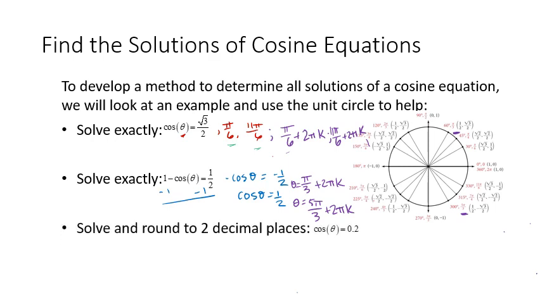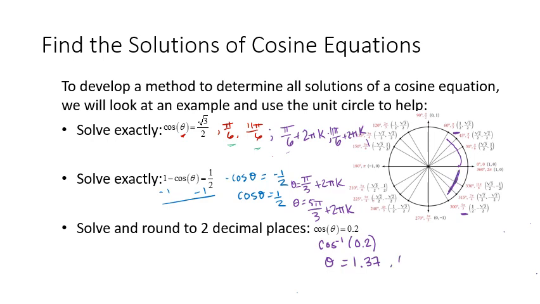If you were solving something where you actually had to use the calculator, because we don't have any value on our unit circle where we get 2/10 that we can easily see, you'll take your calculator and do the cosine inverse of this. When you plug that in, you'll end up getting that theta is 1.37. Notice here it was pi over 3, then 2 pi minus pi over 3.